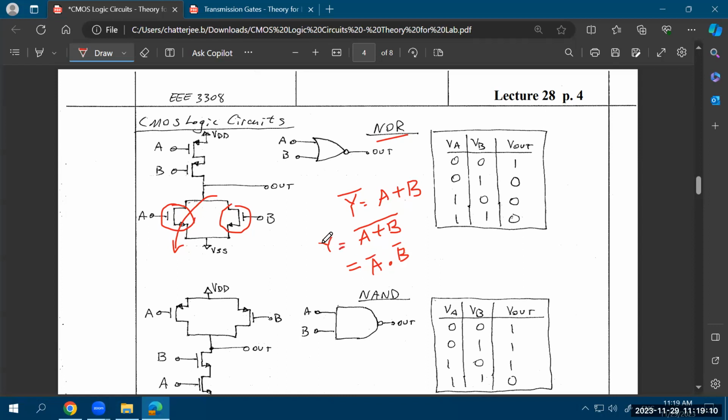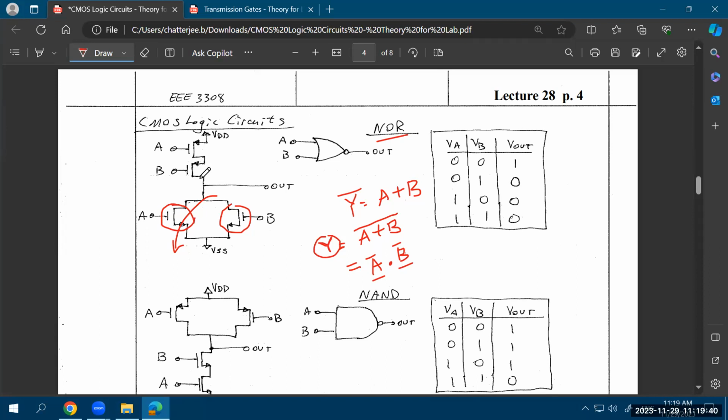But now this means that your Y will be equal to A bar ANDed with B bar. That means you have a series operation when you are trying to find out how this output charges. When you are trying to find out what is Y, that means you are interested in how the output charges. When you are looking at Y bar, you are interested in how the output discharges. So how does this output charge? You have to put 2 components in series. You already get a sense of that from the De Morgan's theorem.